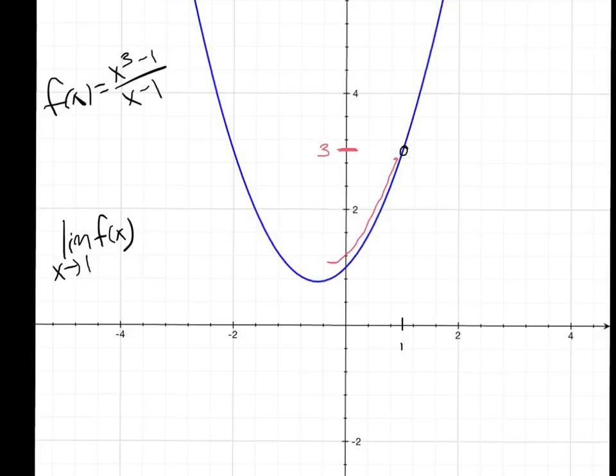Same thing from the other direction. If we traced along, as x got closer and closer to 1, our function values are getting closer and closer to this 3 right over here. So you see how we can evaluate a limit either by looking at a table of values, or we can look at it graphically. So this would still be 3.